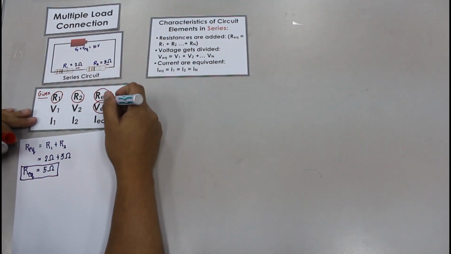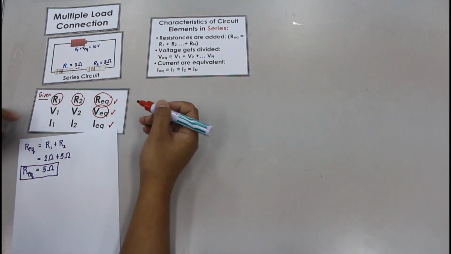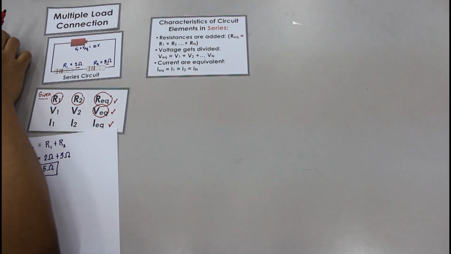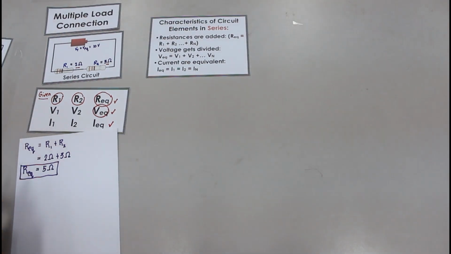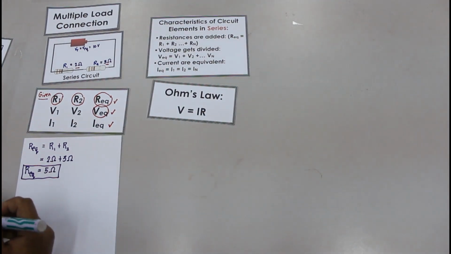Here, we know R equivalent and V equivalent, so we can use Ohm's law, which relates voltage and current and resistance in an equation, and solve for I equivalent.